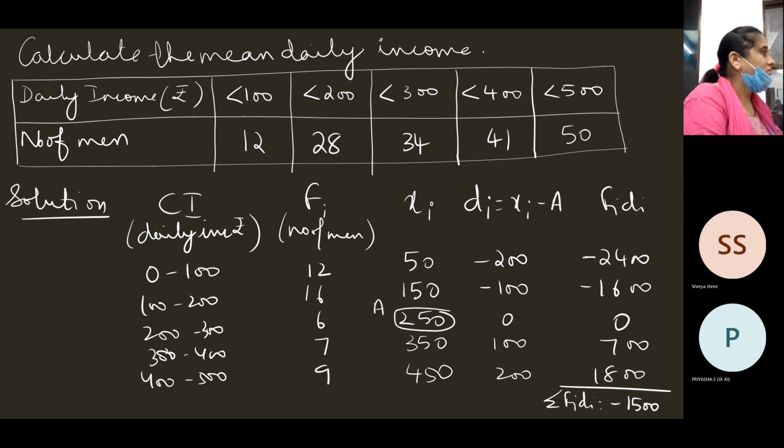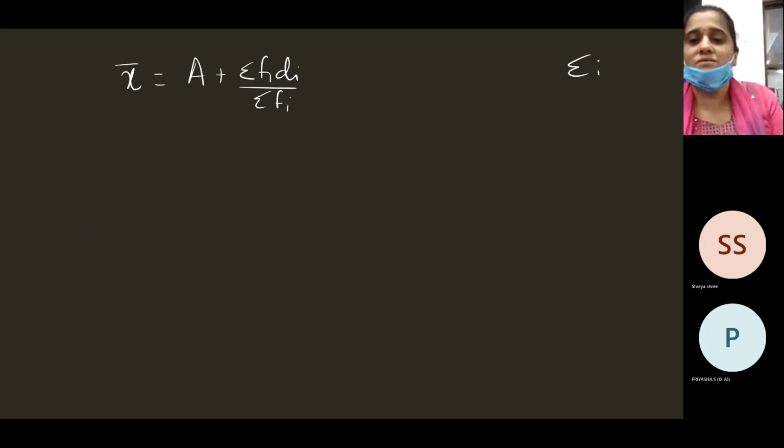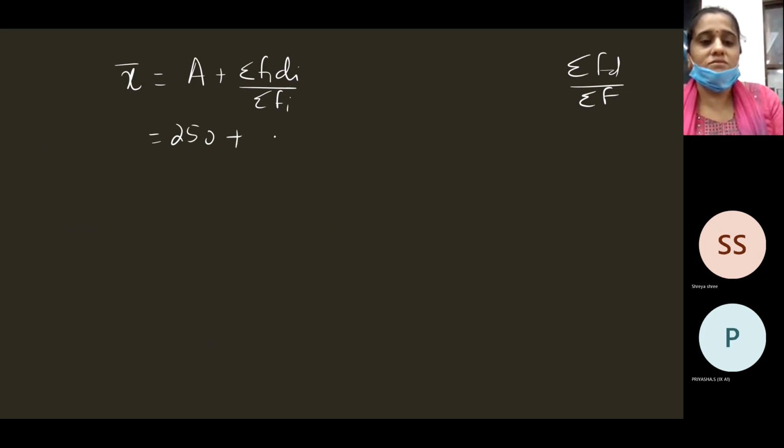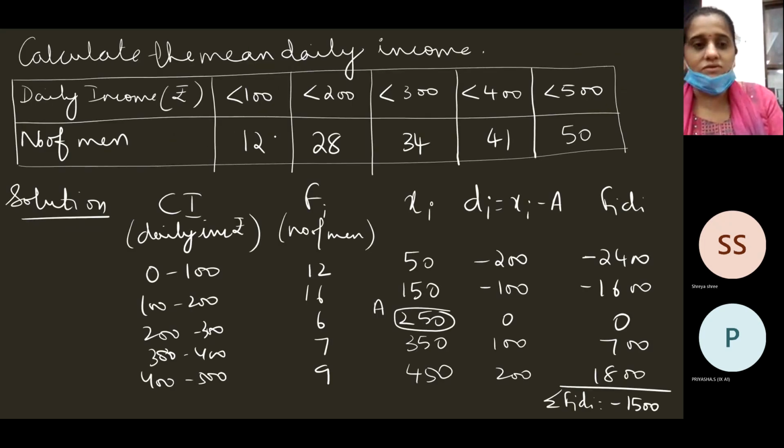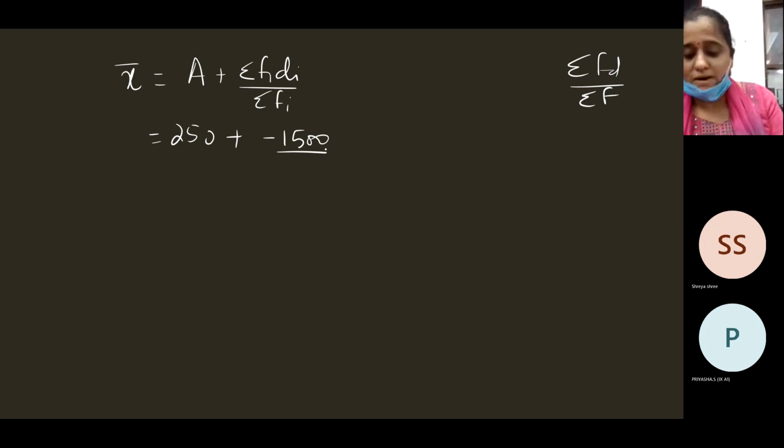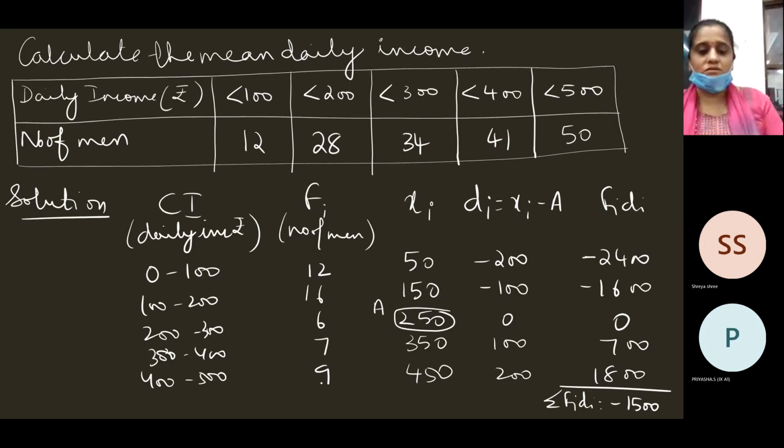What's the formula for the assumed mean method? Sigma fd by sigma f. Okay. So x bar is equal to A plus sigma fidi by sigma fi, or simply sigma fd by sigma f. So A 250 plus minus 1,500 by the total of the fi column.